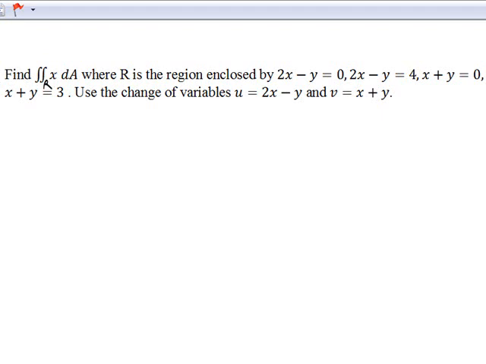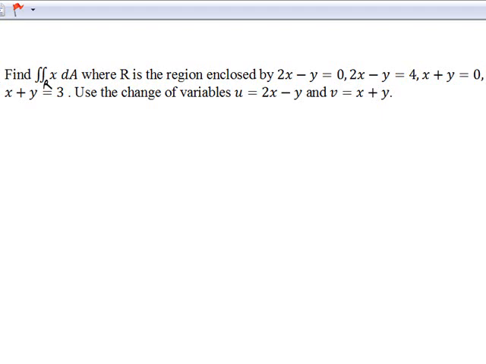The double integral over r of f x dA, where r is a region enclosed by 2x minus y equals 0, 2x minus y equals 4, x plus y equals 0, and x plus y equals 3, and use these change of variables. Okay, what is the first step? Tell me.